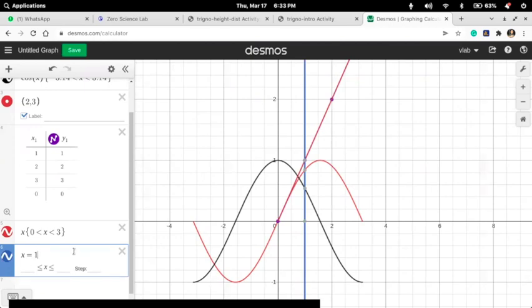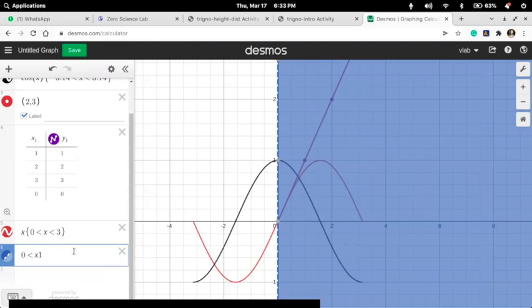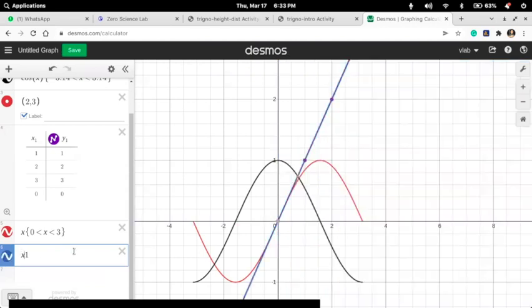Yes, sir. Okay, but I have to restrict it. So 0 less than x less than 1, if I take, it will come like this. x equal to 1, right? Yes, sir.